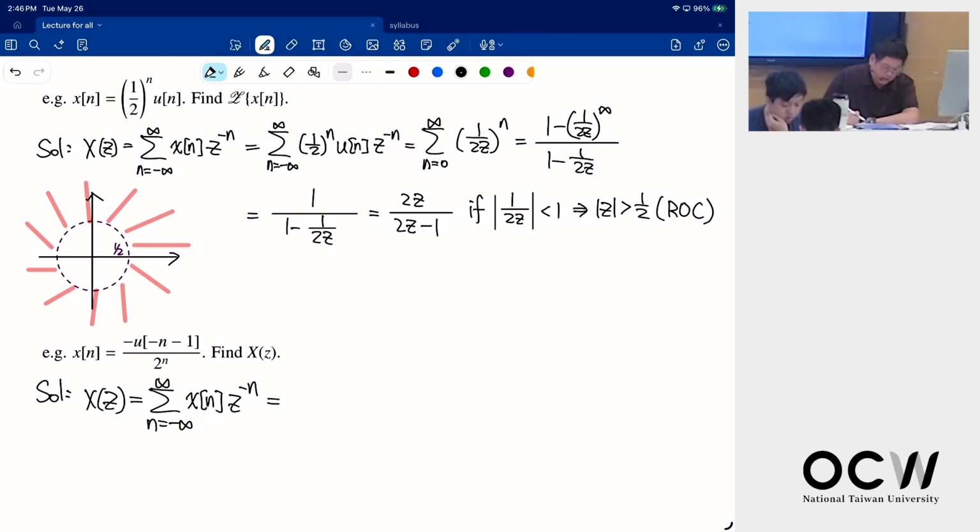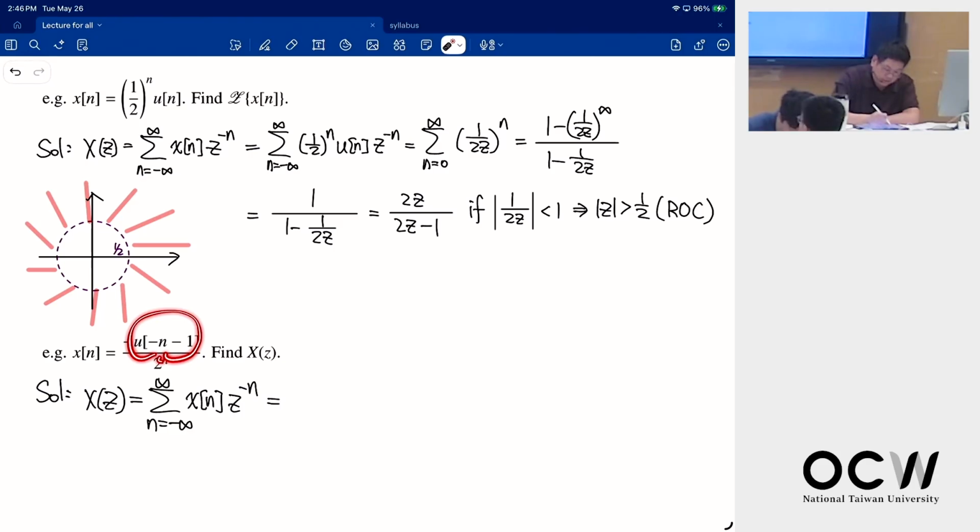Again, this time I have the unit step function, but I have minus n, and also a shift. So only when n is negative, I have a value. Otherwise, it is 0.